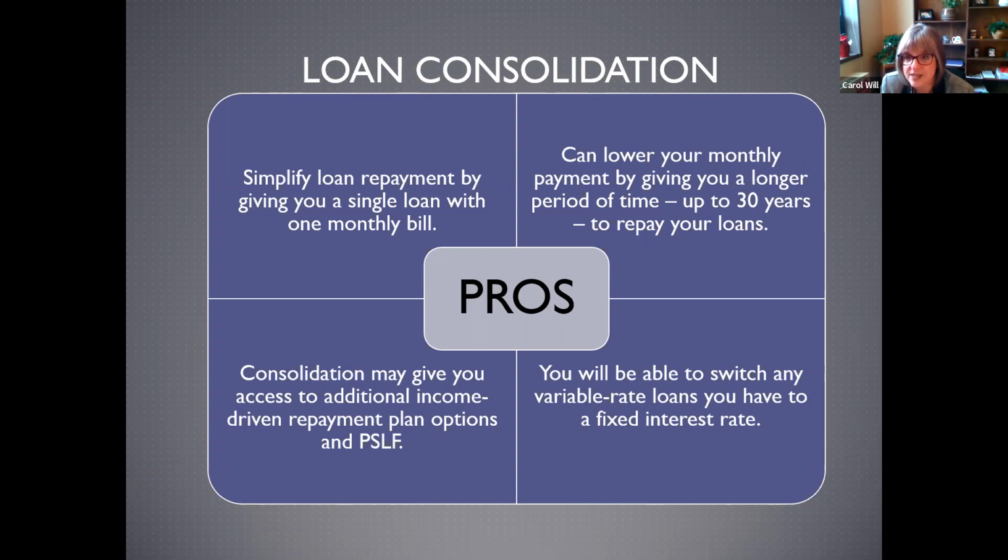The interest rate for direct consolidation loan is fixed. The fixed rate, however, is the weighted average of the interest rates on all of the loans that you consolidate, rounded up to the nearest 1/8 of 1%. There is no cap on the interest rate.